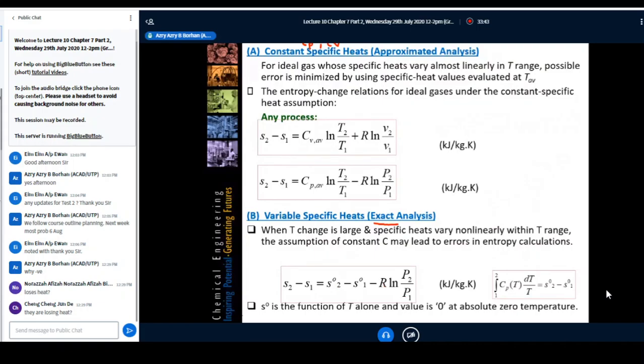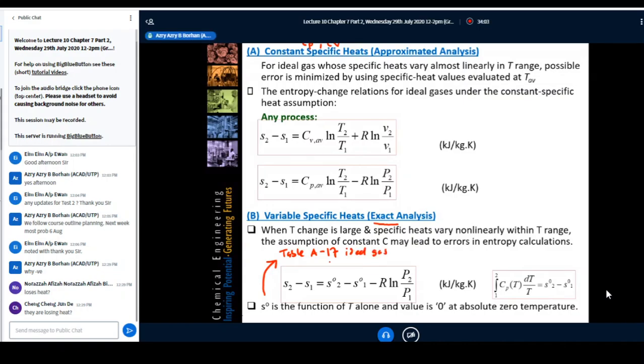Now, where do we get this s naught 2 and s naught 1? These s naught values you can check from Table A-17 for the ideal gas.